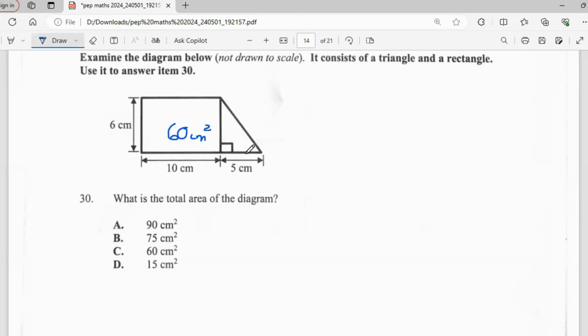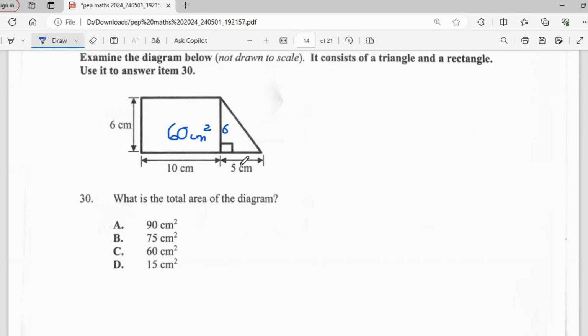And then the area of the triangle here, if this side is 6, this side is also 6. So I'll multiply the two measurements here, the dimensions, and then I'll divide it by 2, because that's how you find the area of a triangle.